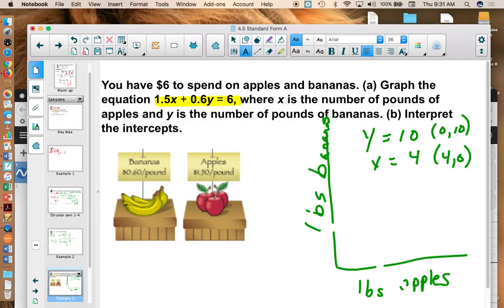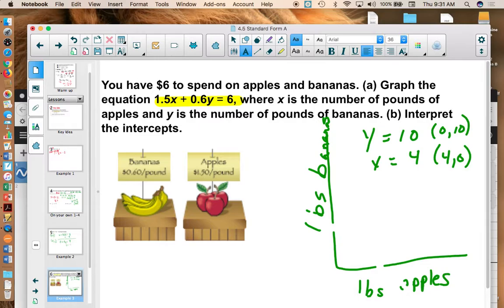In relationship to the story, what does it mean, Olivia? If the y-intercept is 10, I've got (0, 10), what does that tell me? Good try. Guys, think about it again.